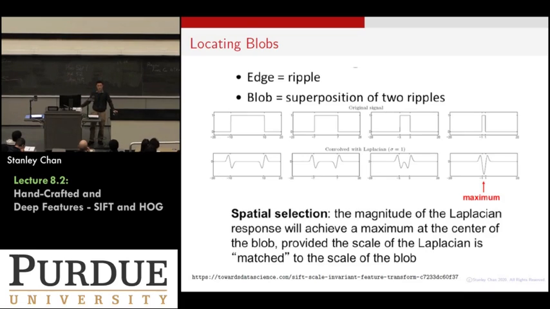Is it clear? If it's too big, I will get this. If it is too small, I will just miss the entire thing. So only at the right size will I get a maximum response. This is why it's a scale issue, because you want to find the right size of blob to extract.